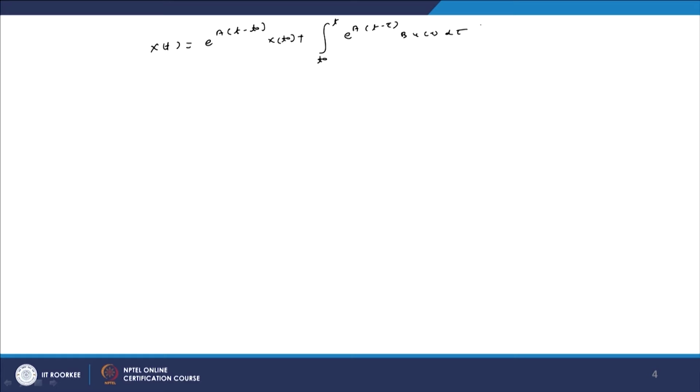So, here limit from t 0 to t, and you will find that this particular portion is called unforced response, and this particular portion is called forced response, and complete state equation depends upon a matrix, b matrix, input.